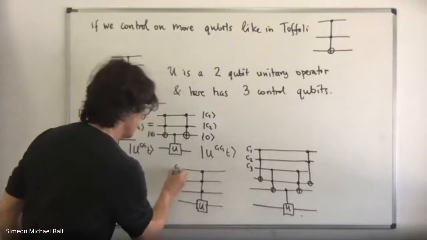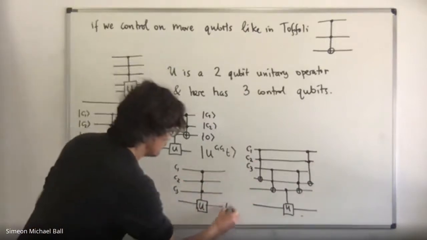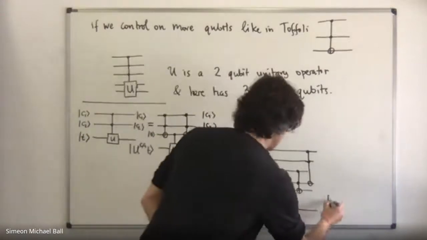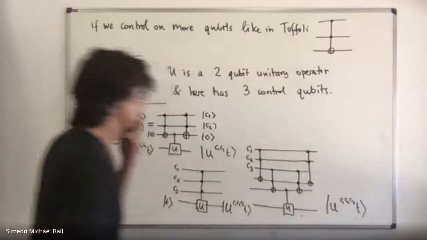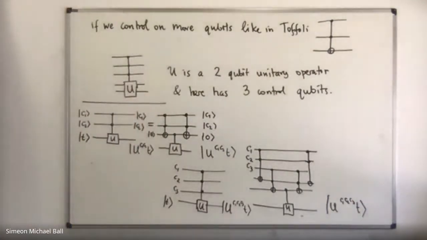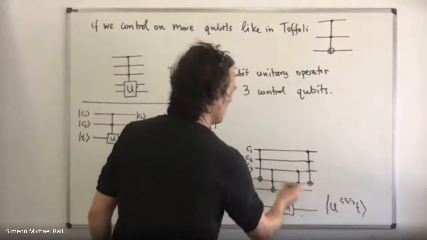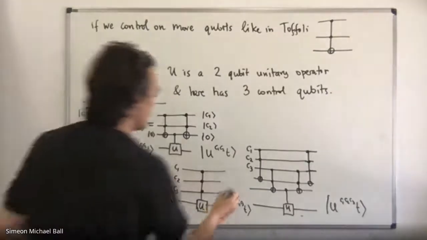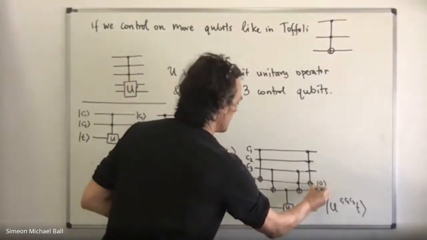So here you get C1, C2, C3, 3 control bits, and here you get U to the C1, C2, C3, T. And likewise here. And these dummy qubits get returned to their original state. So you just put zeros in here and they come out 0. So nothing happens here.